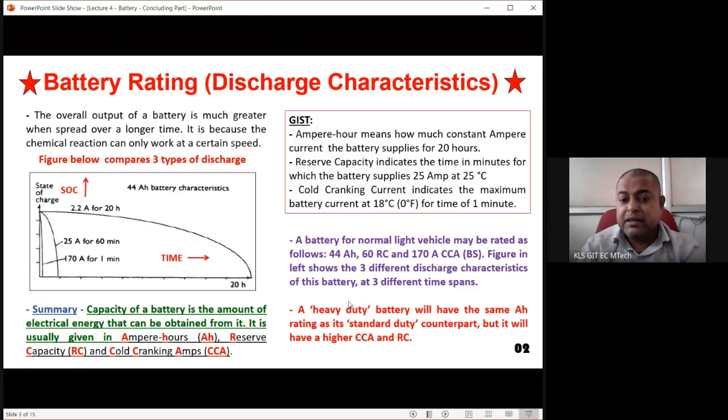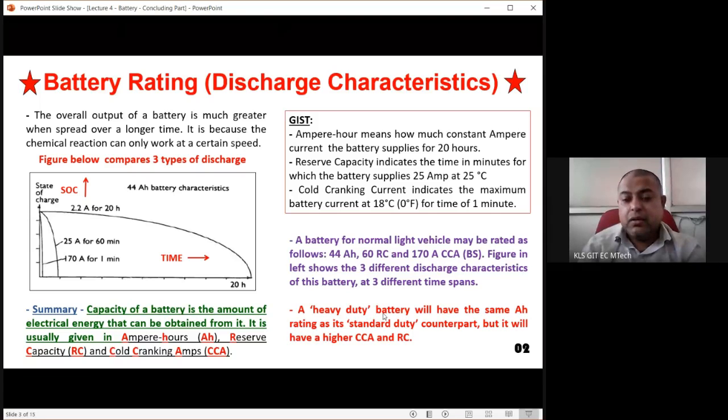The question can be asked, that a heavy duty battery will also be supplying in this curve 2.2 ampere for 20 hours, but this 25 ampere, that is RC, will be higher. This may be around 30, 40, 50 ampere, and this 170 ampere at lower temperature also will be higher. Maybe it is 200, 250 ampere in 1 minute for a heavy duty battery.